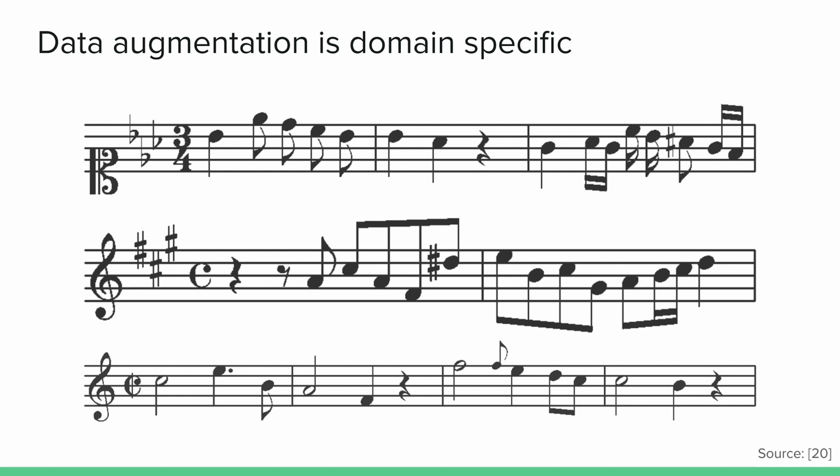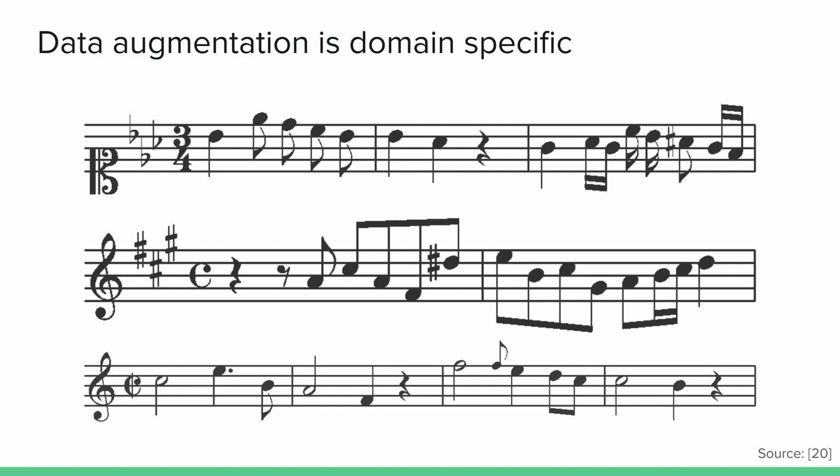Data augmentation is also domain specific in the same way that preprocessing is domain specific. If you want to perform data augmentation on images of music scores, you can create new music.